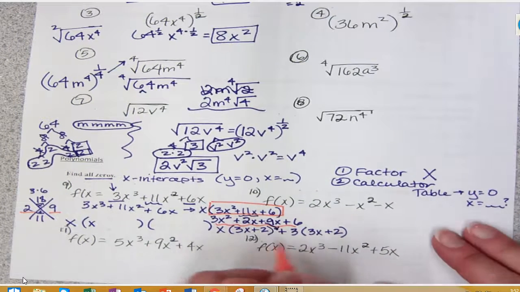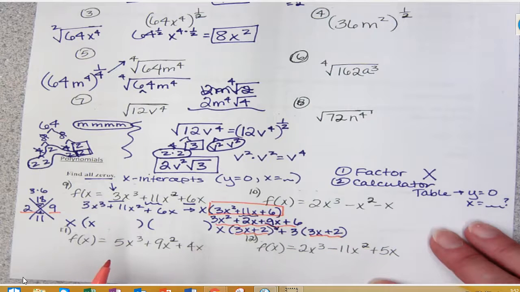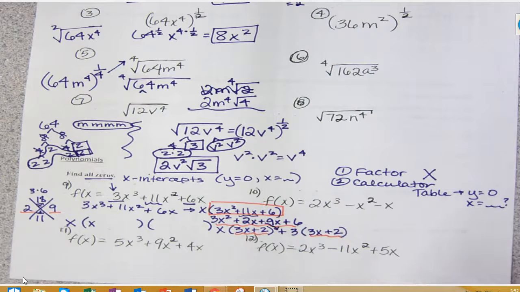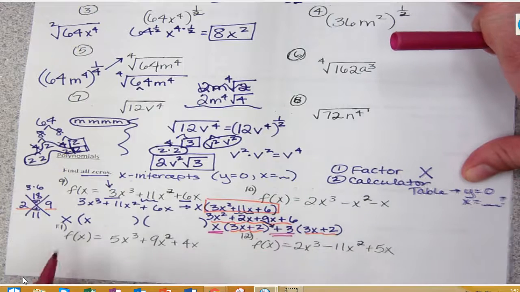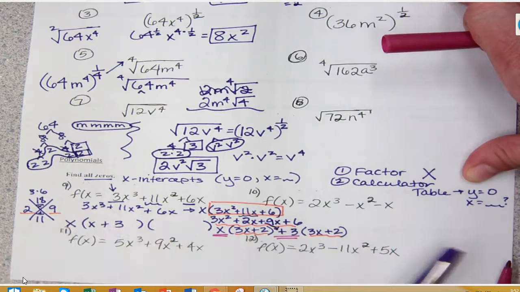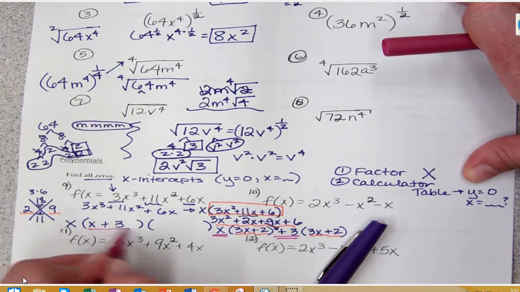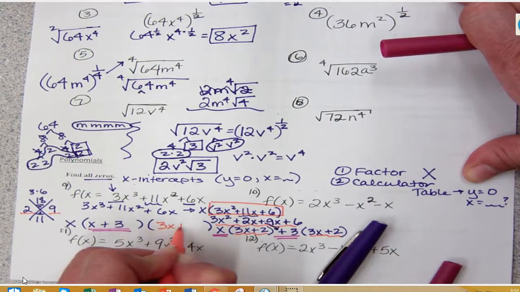And lo and behold, these are the same. It's exactly the way it should be. So I need to then combine those two. So I get x plus 3 here, and then I'm going to be left with 3x plus 2.